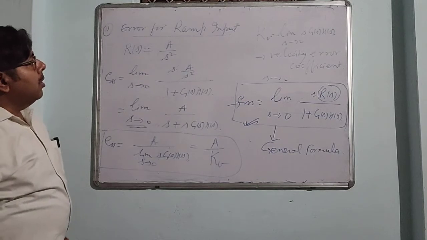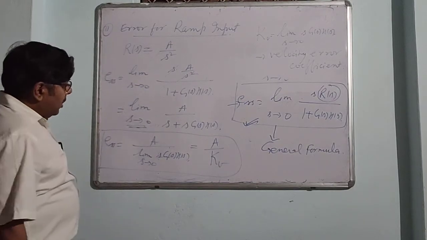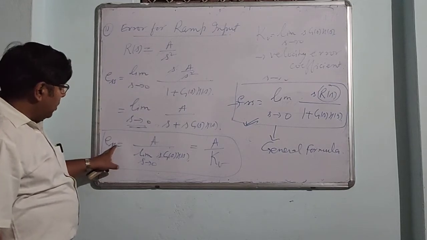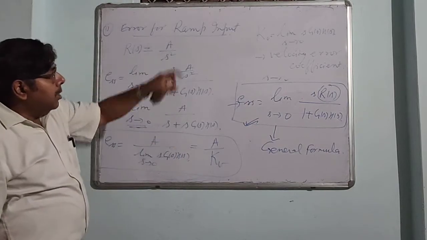So this is another formula: steady state error equals A upon Kv, where Kv is given by this.